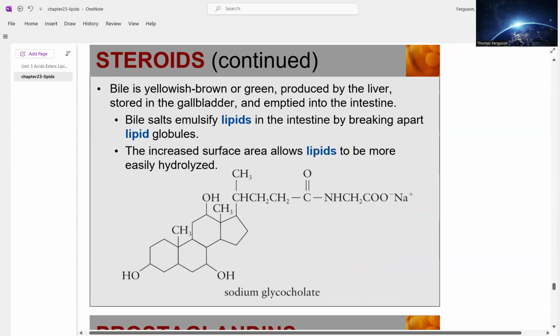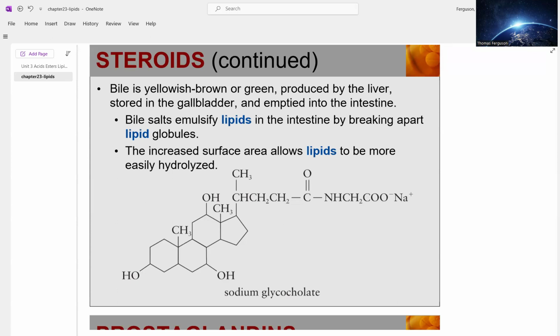Now, you've all heard of gallbladders. Bile is stored in your gallbladder. This is what bile looks like. It's also a steroid. And it acts as an emulsifier. Why? Because it's got a very polar end over here and a very non-polar end over here.